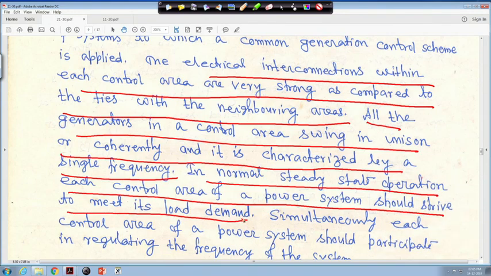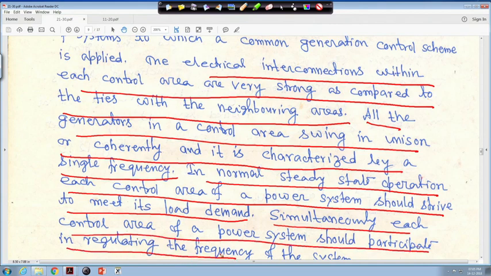Suppose power system A and power system B, 400 kilometers away, are interconnected, and there is a load increase in system A. The generating units of that system will accommodate the load. If generation is not sufficient, it has to borrow or buy power from the other interconnected areas. Simultaneously, each control area should participate in regulating the frequency of the system.